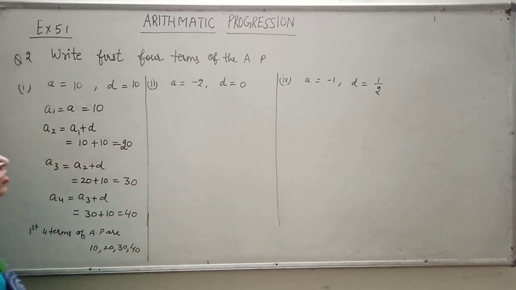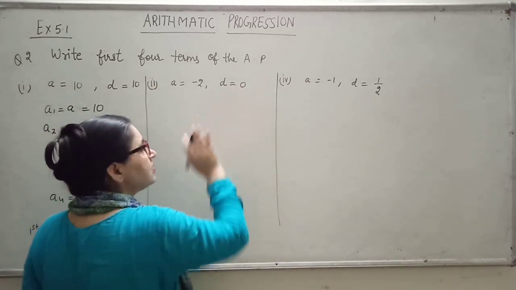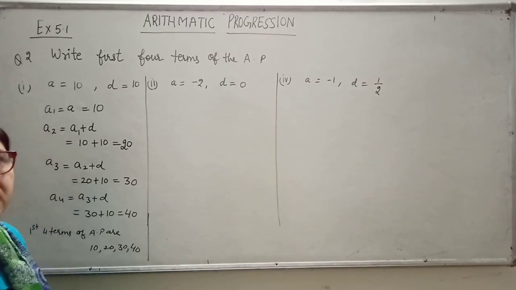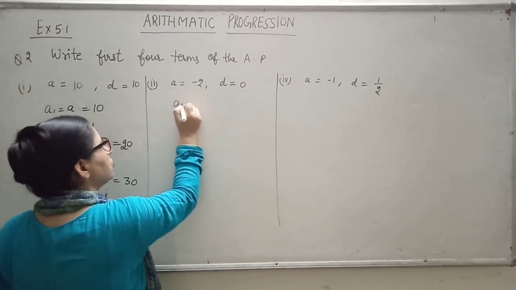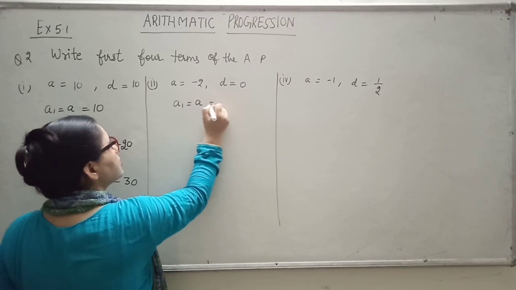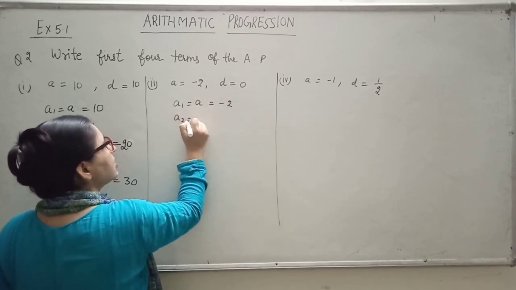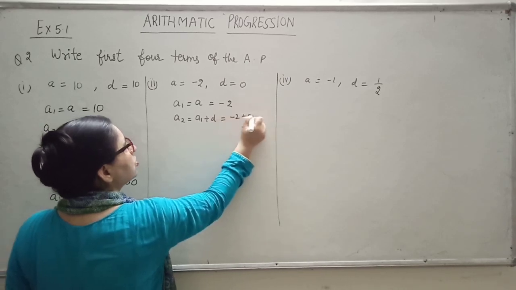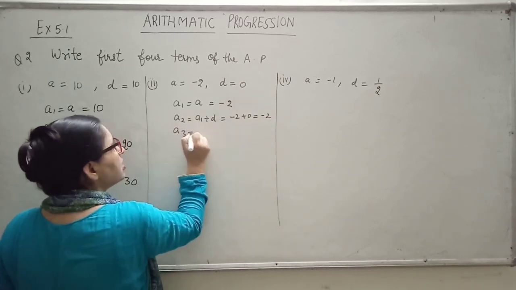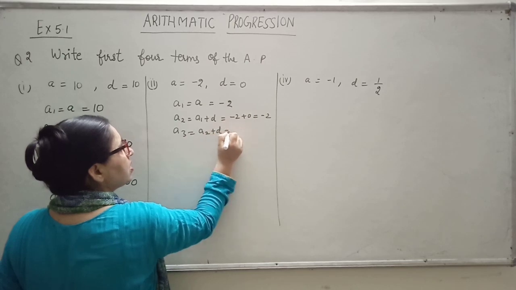In the next question, we have been given D is 0. As I told you, whenever D is 0, all the terms of the AP will remain the same. So if you want to show it, you can show that A1 is equal to A, that is equal to minus 2. A2 is equal to A1 plus D, that is minus 2 plus 0, again minus 2. A3 is A2 plus D. What is A2?